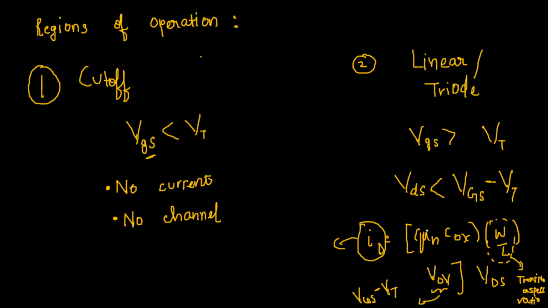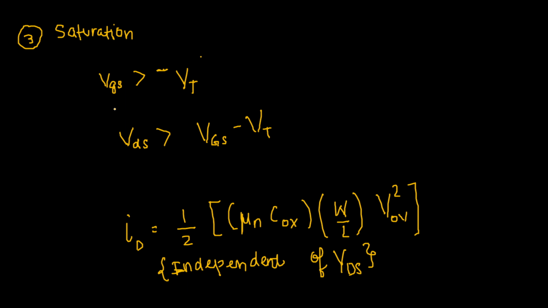Then lastly we have the saturation region where gate source voltage is obviously greater than the threshold voltage and the drain source voltage is greater than the difference between gate source and threshold voltage. This is called VOV or the overdrive voltage, right?